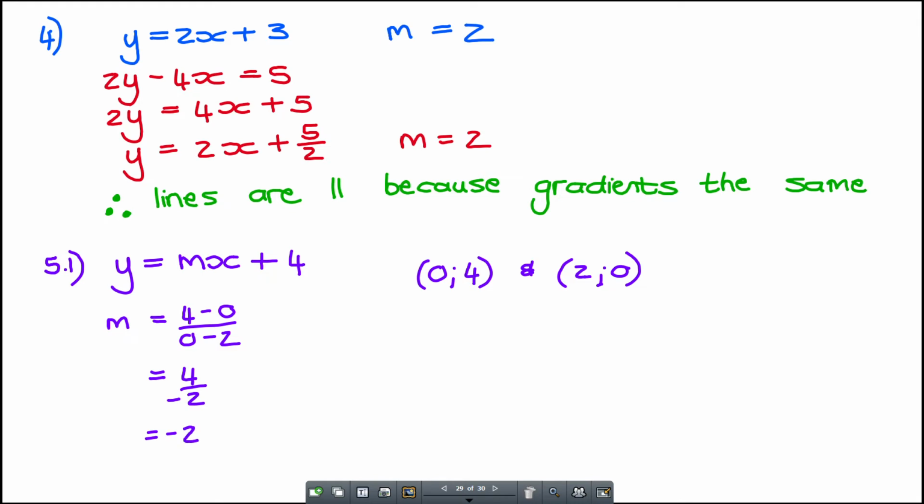Nou, so my equation will then be y is equal to minus 2x plus 4. Wie het hom? Good. Okay, so far so good. Kan ek maar skip?